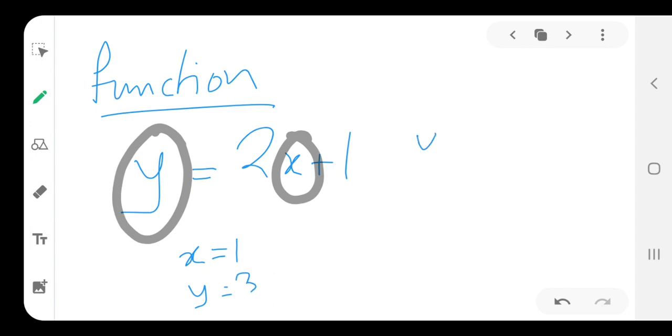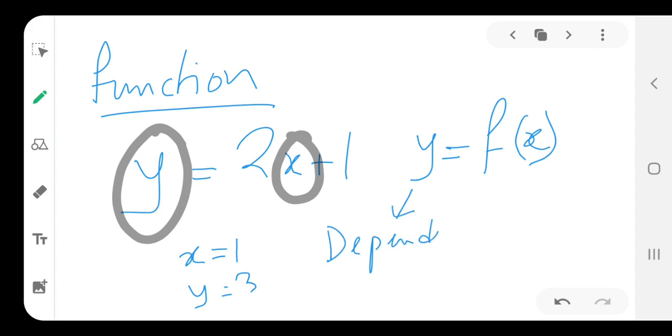That means y is a function of x. So what is a function? A function is a composite form of variables, like here the composite form is 2x plus 1. So which is the dependent variable? Here y is my dependent variable, whereas x is my independent variable. Okay. Now we know what a function is.